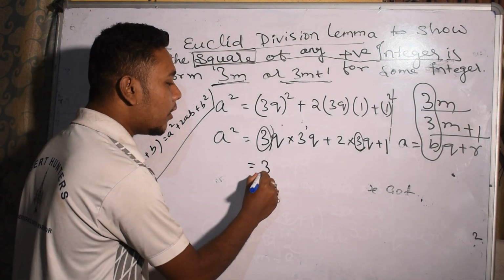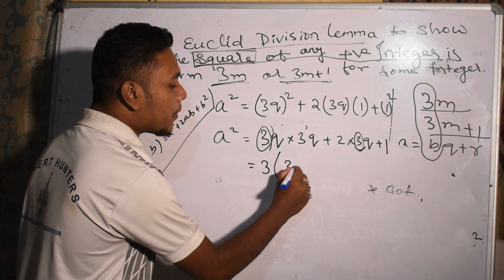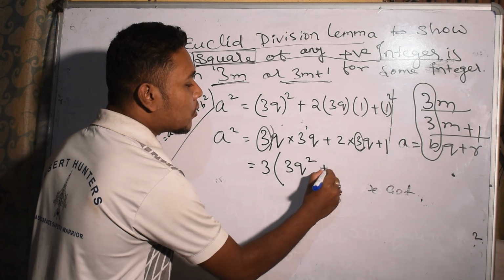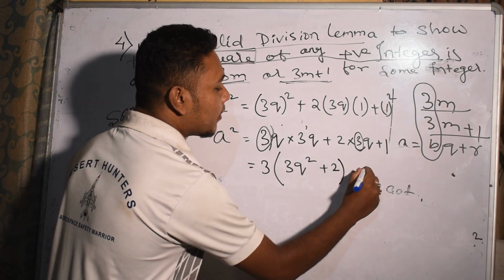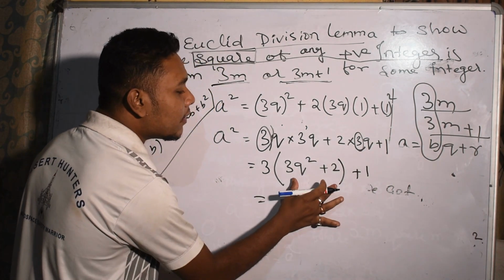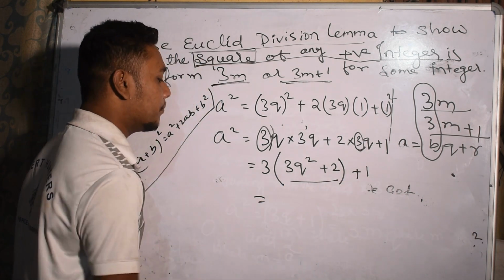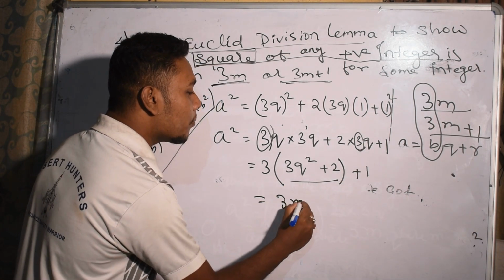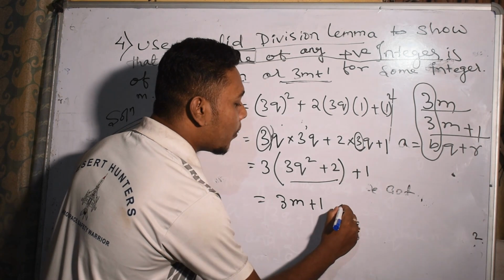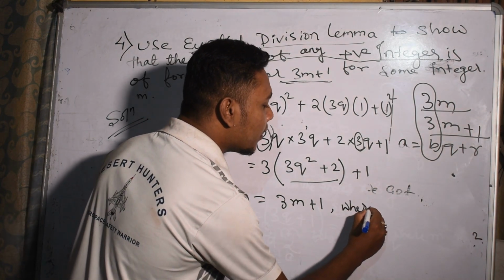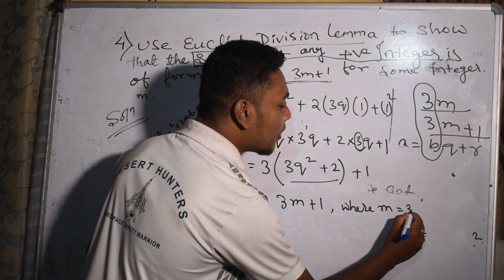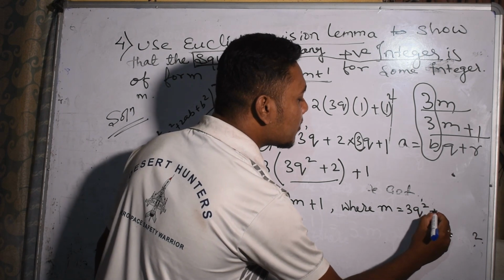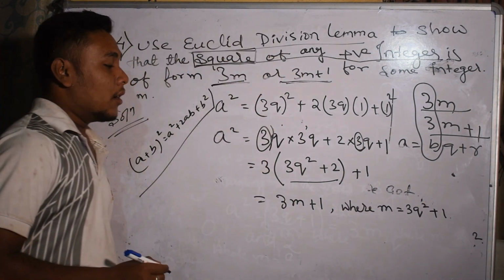So we get 3Q square plus 2 plus 1, where we can write this number as m. 3m plus 1, where m is equal to 3Q square plus 2Q plus 1. Understood?